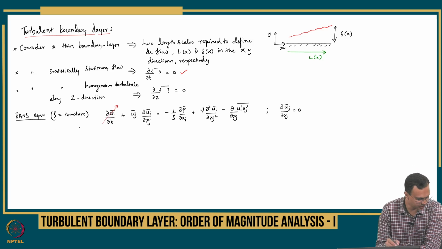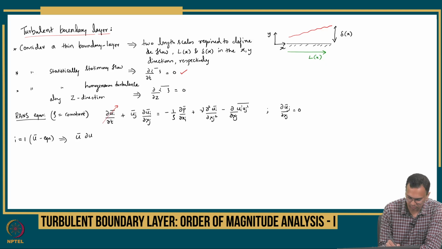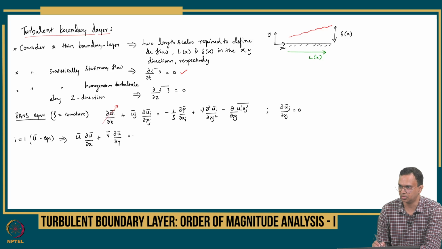If I write it in terms of xy coordinates, with i equal to 1, I would get essentially the u bar momentum equation, which will be u bar dou u bar by dou x, v bar dou u bar by dou y. You can write it in Cartesian tensor form also, but since it is a planar flow and this is only a scale analysis, I don't need tensor notation so much.